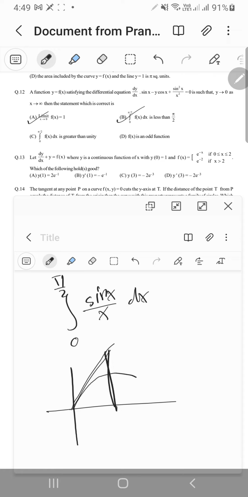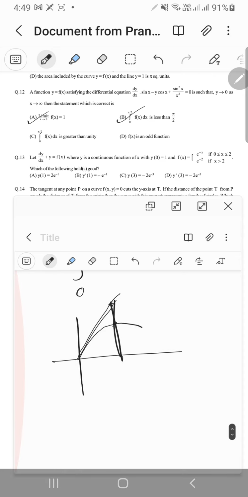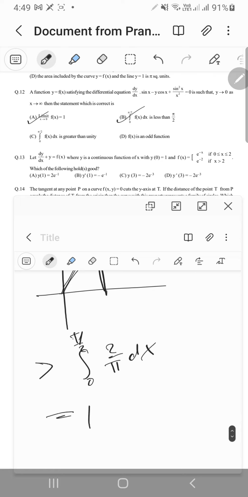At pi by 2, this is 1 and this is, yeah, cool. So the minimum value would be 2 by pi. Yeah, maximum value is 1. The minimum value of sine x upon x, yeah, so it's going to be bigger than that. So it's definitely bigger than integration from 0 to pi upon 2 of 2 by pi dx, which is 1. So yes, it is greater than unity.